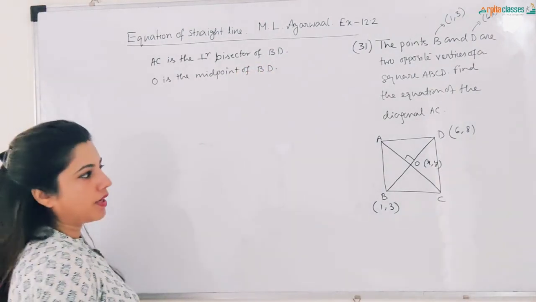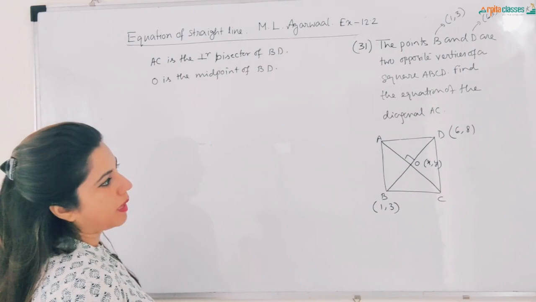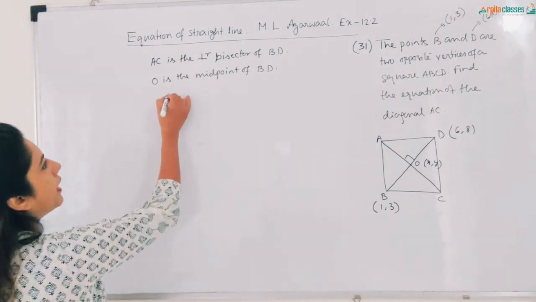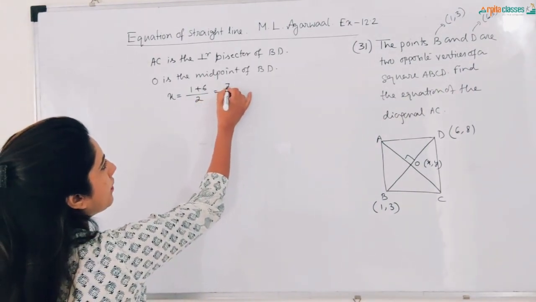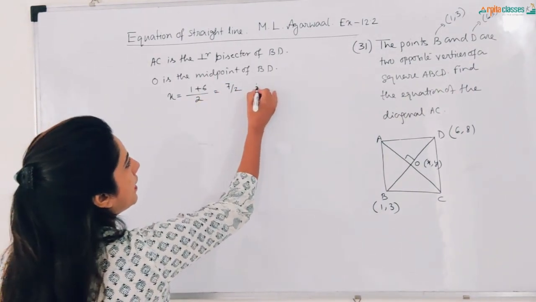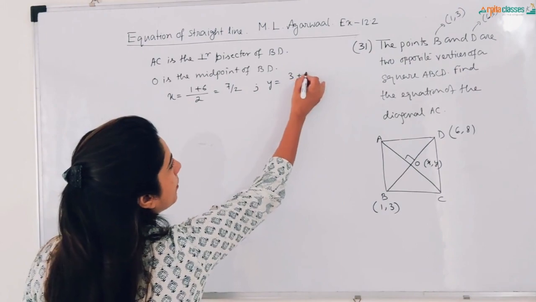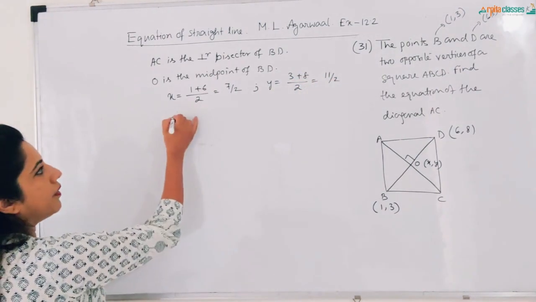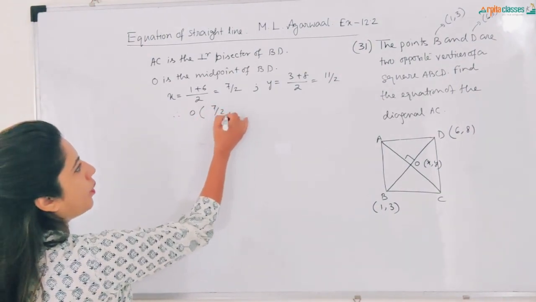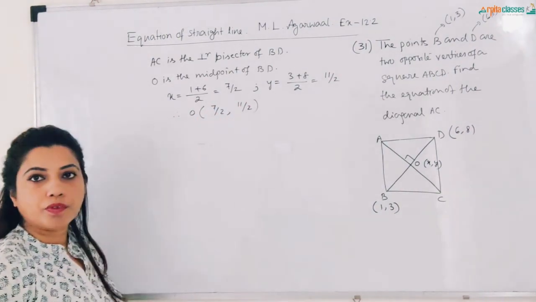So we'll find out the coordinates of O. X is equal to 1 plus 6 upon 2, that is 7 upon 2, and y is equal to 3 plus 8 upon 2, that is 11 upon 2. Therefore, we get O is 7 upon 2, 11 upon 2.